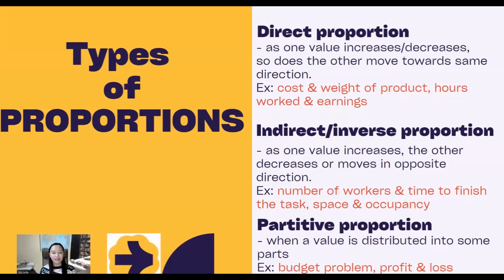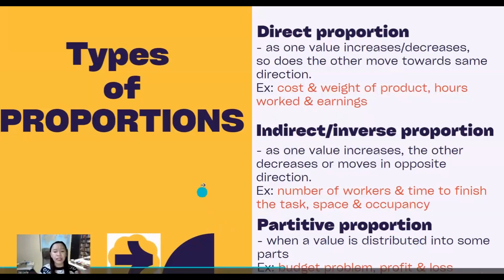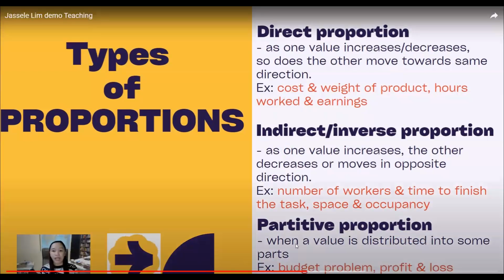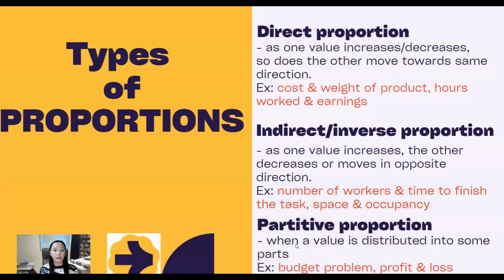Okay, third is the partitive proportion when a value is distributed into some parts. So example niyan is the budget problem, profit and loss problems, and business partnership. You remember in our another subject, right? Sa organization and management, different types of business organization, di ba? Na-discuss natin yung partnership. Example niyan, that's a good example of partitive proportion. So the value depends on how it is distributed. If the partner share is only 20%, that will be divided depending on the shares of the partners.